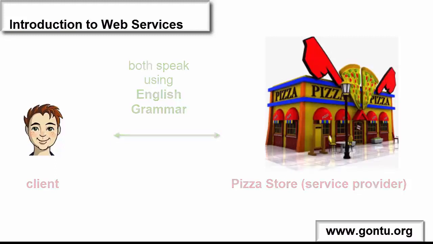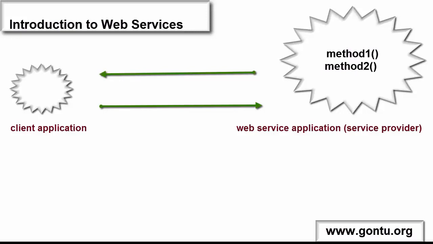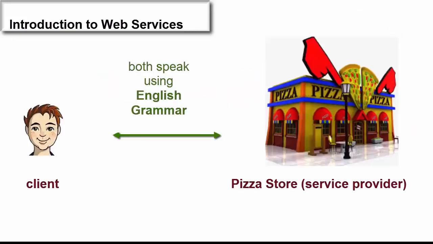In a similar manner, when a client here makes a call to the method of a web service application, and the web service application in turn sends a response back to the client, both communicate with each other using the SOAP format, also called the SOAP protocol. It's like the way the client and the pizza store use English grammar format to communicate with each other.